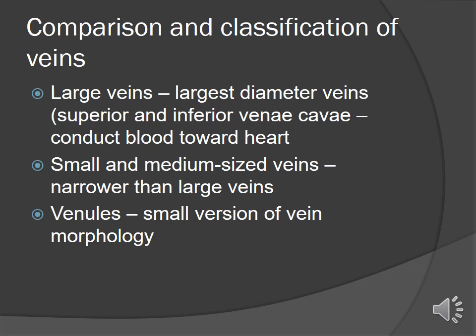Traditionally, veins are divided into the following types on the basis of size: large veins, small and medium veins, and venules.